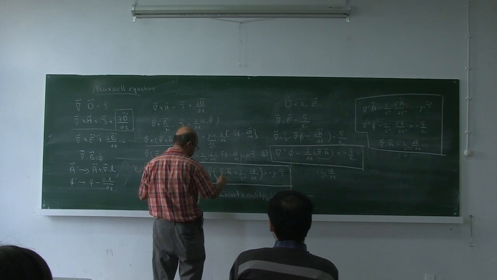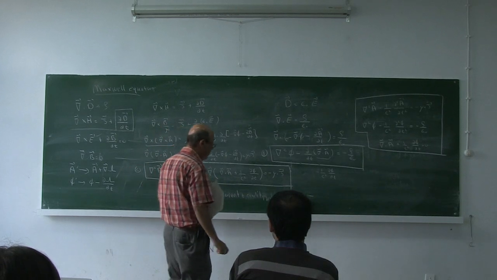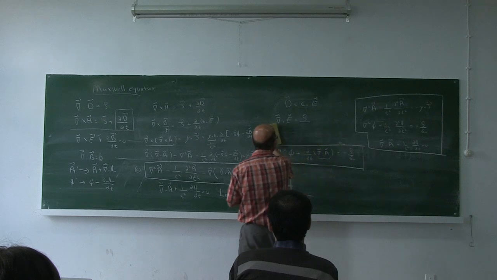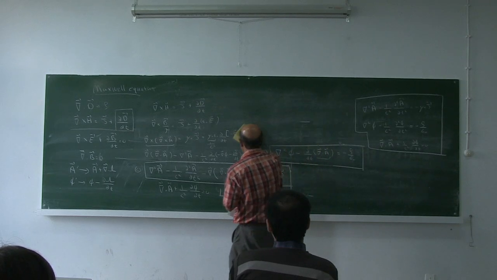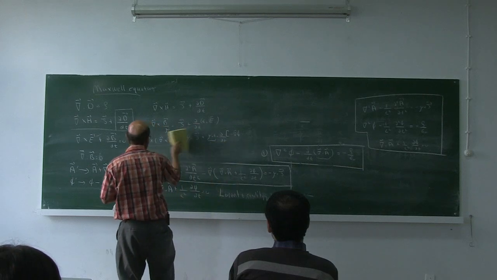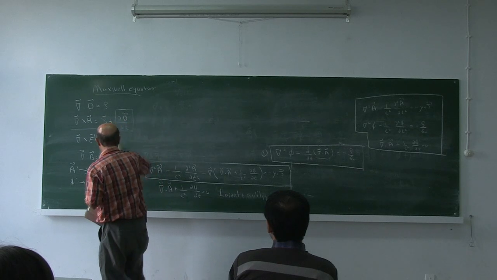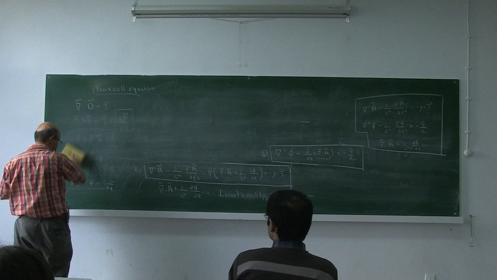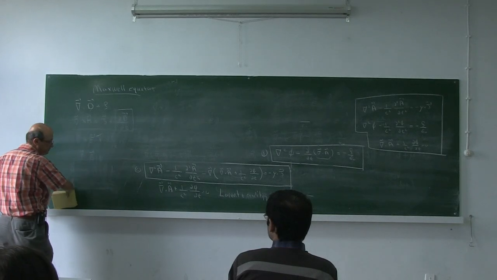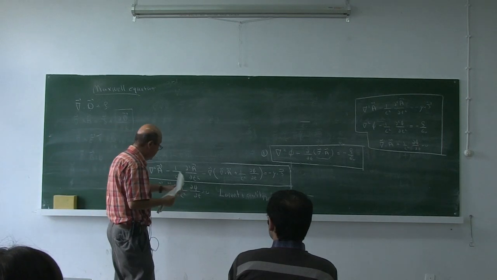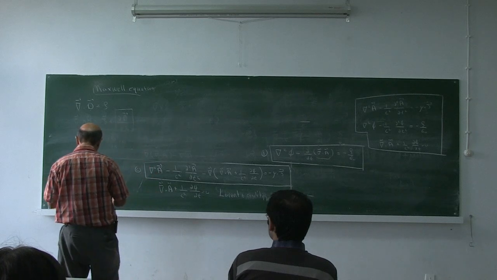In that case, del dot A will be equal to 0. But before going to do this, let me clean some parts, maybe most parts, and look at the Lorentz condition under the gauge transformation.